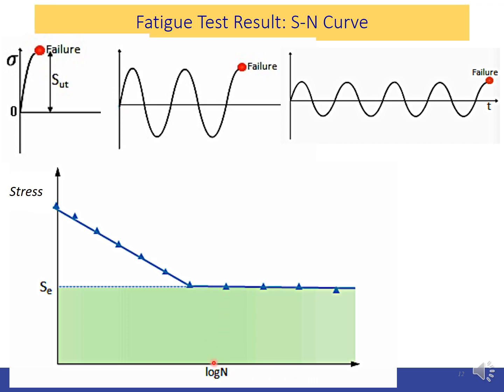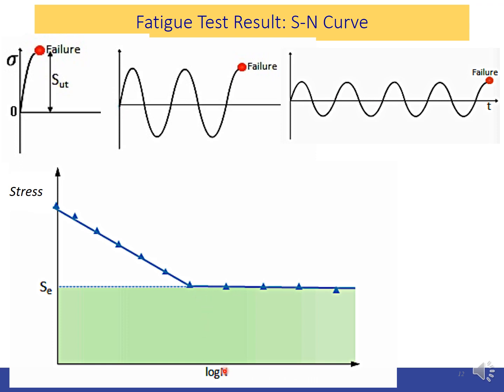For some materials, we figure out that below a certain stress level, the specimen will no longer fail. No matter how many times you apply this cyclic load to the material, it will just last forever without breaking.